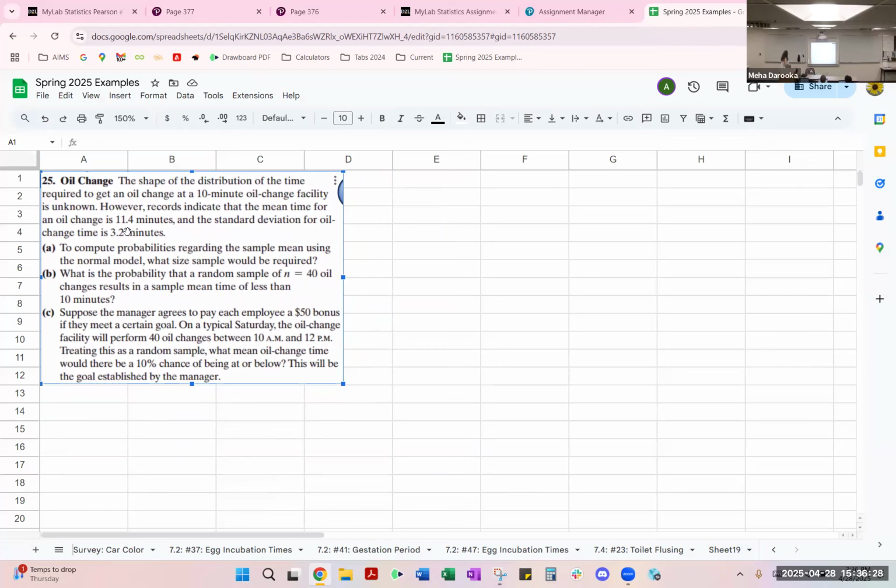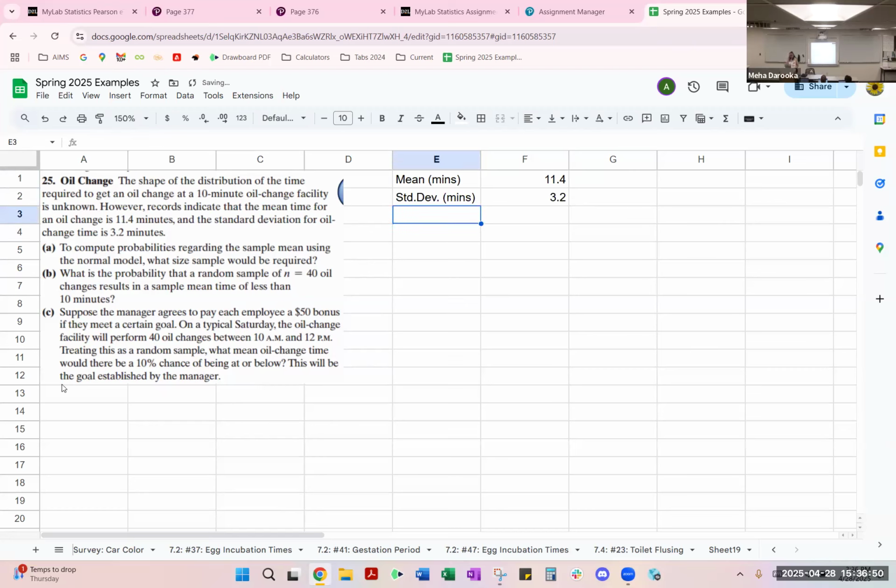However, records indicate that the mean time for oil change is 11.4 minutes, and the standard deviation is 3.2.